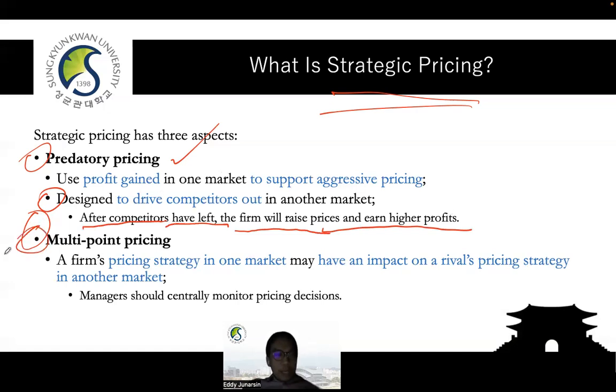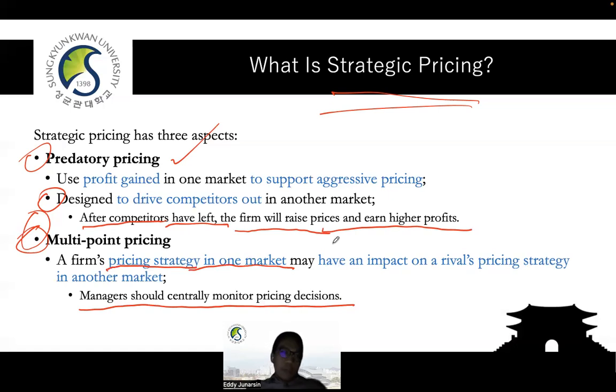Another strategy is multi-point pricing. Again, I think this is quite similar. We have to be quite alert about this one, because our pricing strategy in one market might invite retaliation. It's like tit for tat.